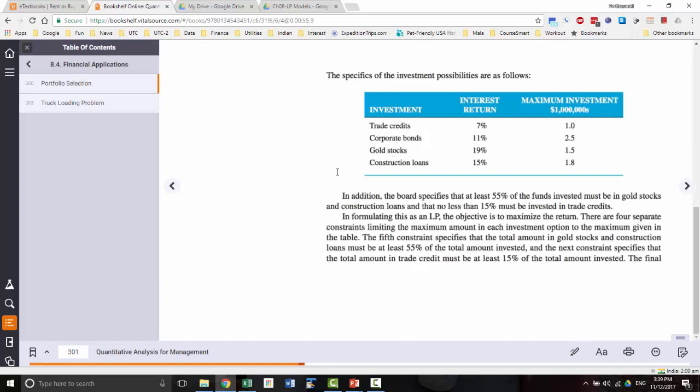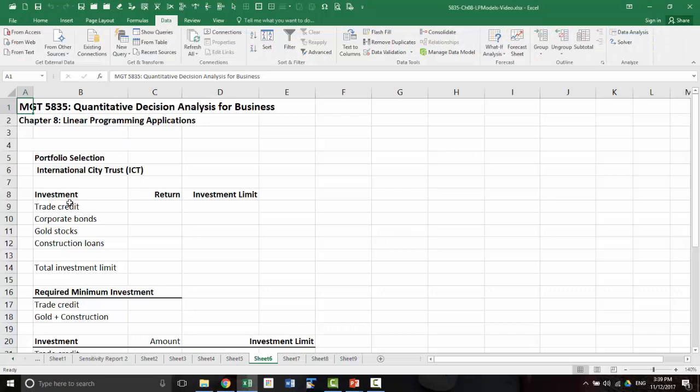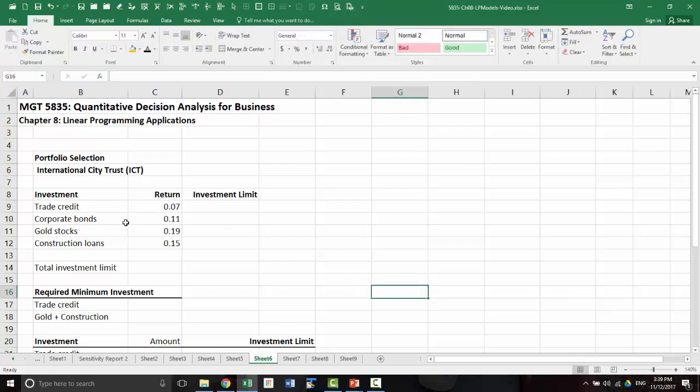All right, so let's enter all of this input information into our Excel model. We have these four investment opportunities, and the return on investment is given. These are the percentages, so let's change that to a percentage.